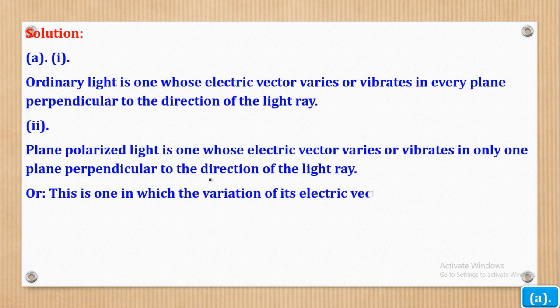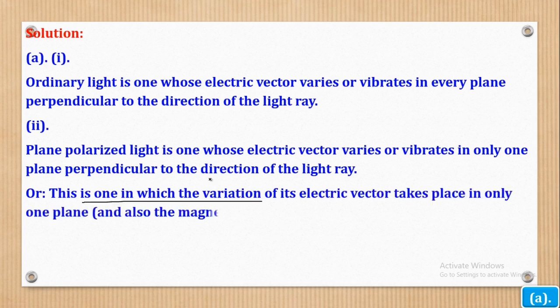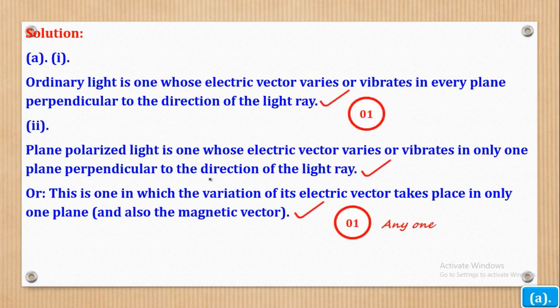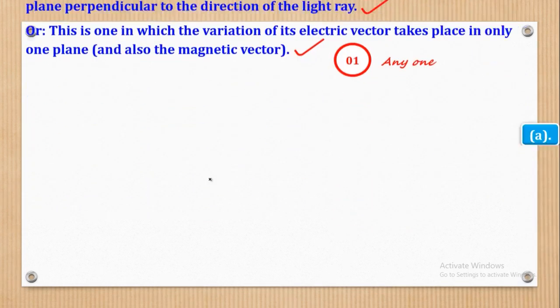Alternatively, we can say that this is one in which the variation of its electric vector takes place in only one plane, and also in the magnetic vector. So the key difference is this word: every plane, only one plane. So that is how the marks would be awarded.